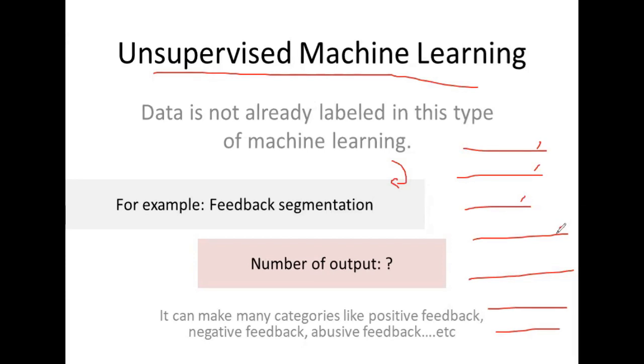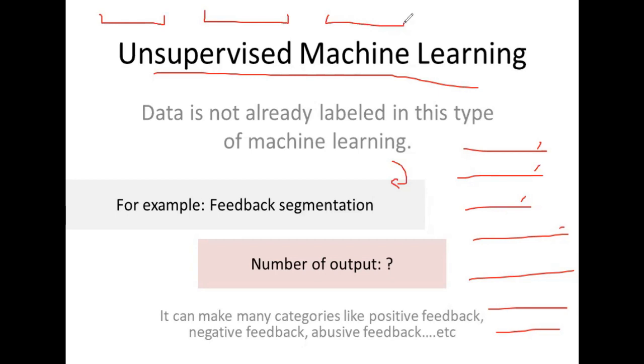So in that case, our model will find hidden patterns among all the feedbacks and separate them out. Let's say it makes three categories. It can find any pattern which is more easily visible in the data. Let's say our model has found a category in which there are only positive feedbacks.